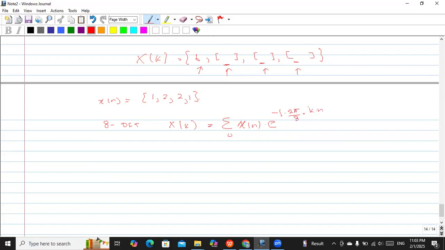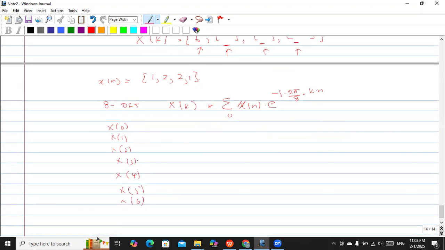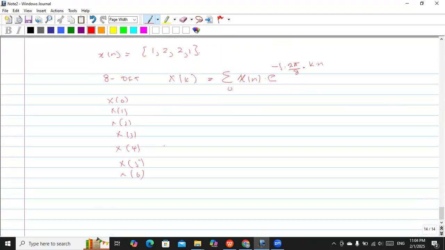Now this k, so you need to find 8 frequency samples, no? That means you need to find x0, x1, x2, x3, x4, x5, x6, x7.